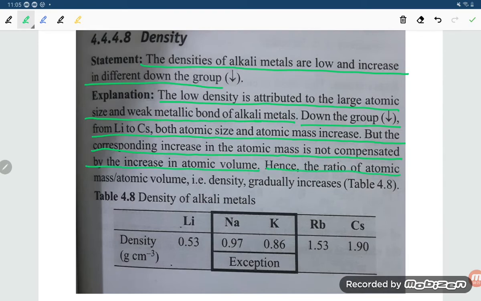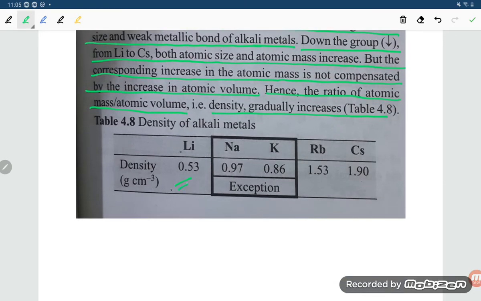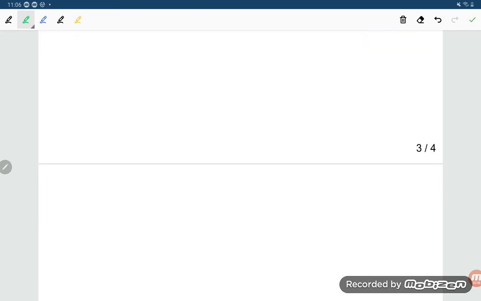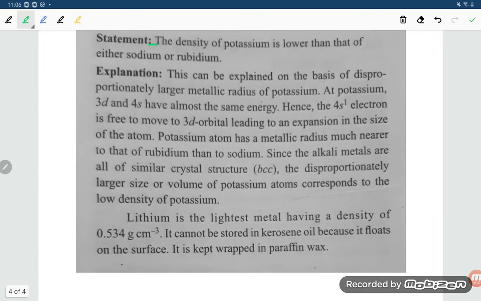Hence, the ratio of atomic mass to volume, the density, gradually increases. Lithium is 0.53, sodium 0.97, then potassium 0.86, then rubidium and cesium. So you can see the density of potassium is lower than that of either sodium or rubidium.